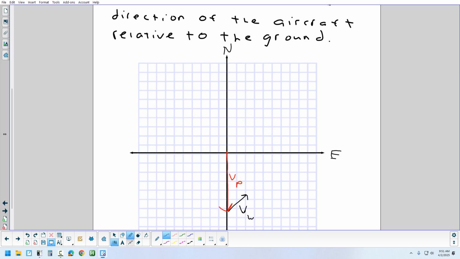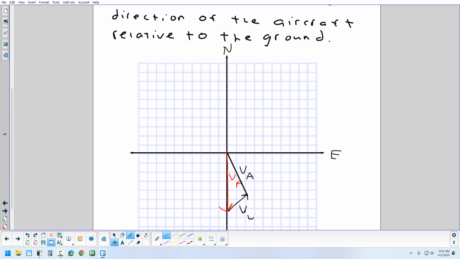The actual vector for the plane is going to be that. The wind is going to slow the plane down because it's blowing north and east, and it's going to blow it a little bit off course. The amount off course is the angle that they're asking about in the problem. So I'm going to call that the actual velocity vector for the plane.